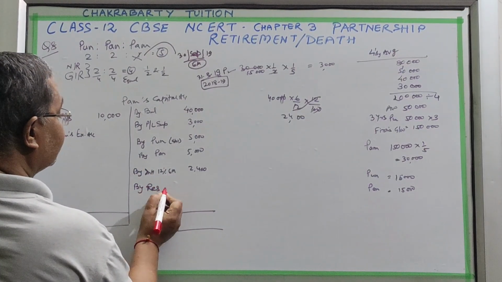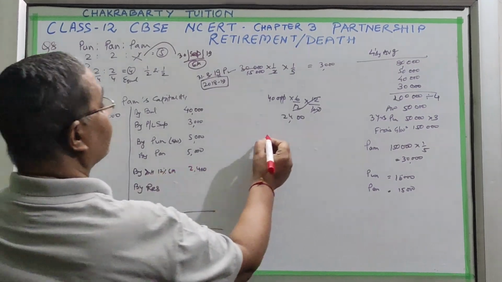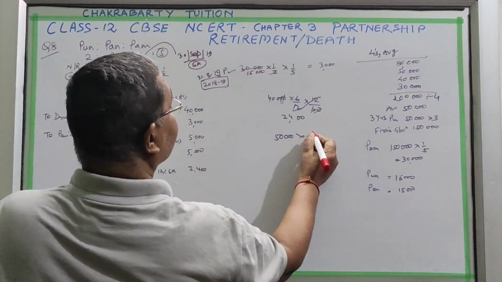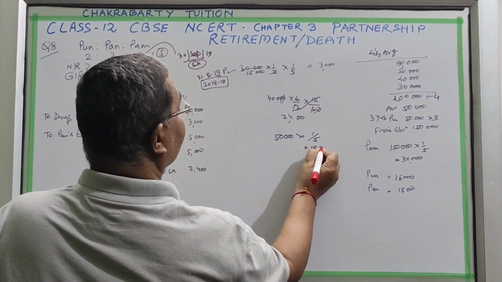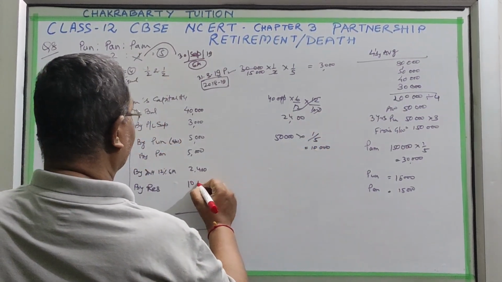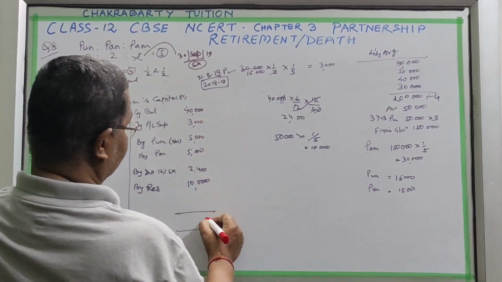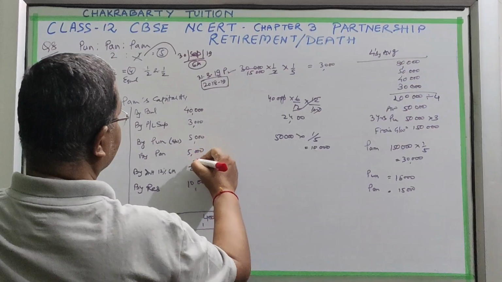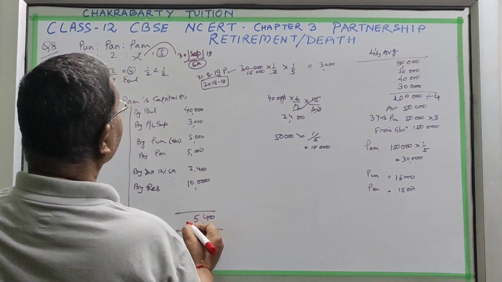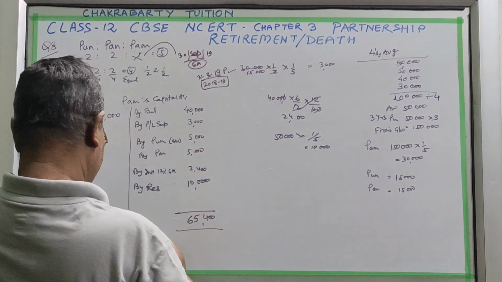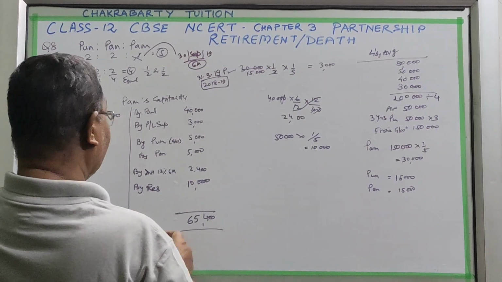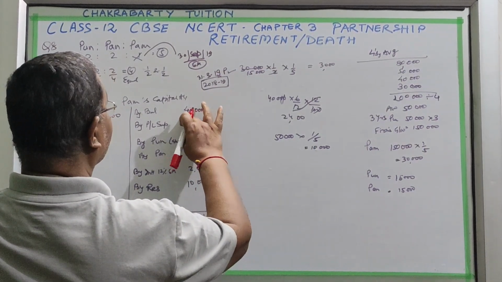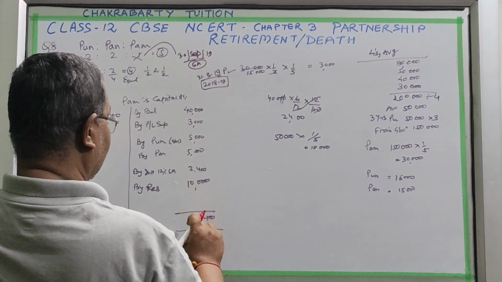The reserve value is 50,000 and his share is 1/5, so 10,000 he will get. Now the total comes to 65,400.